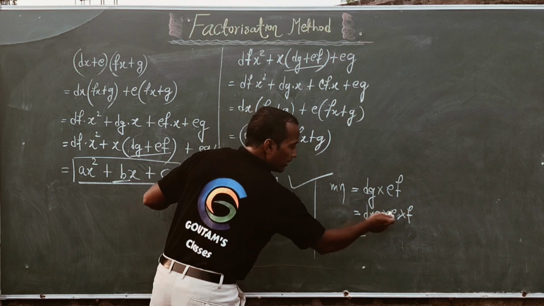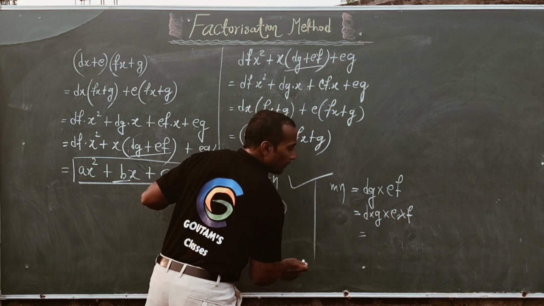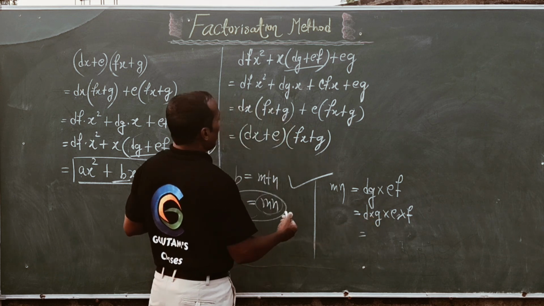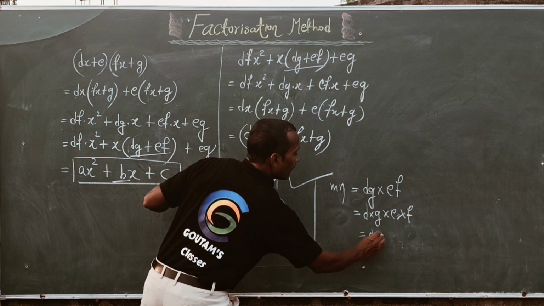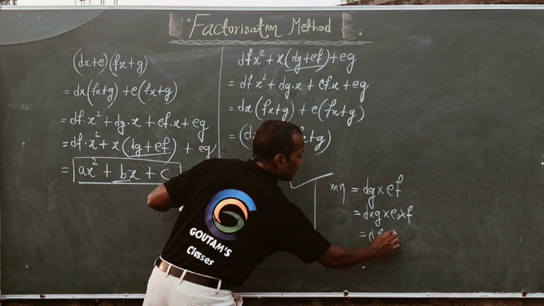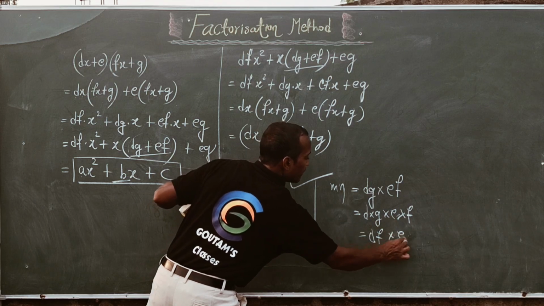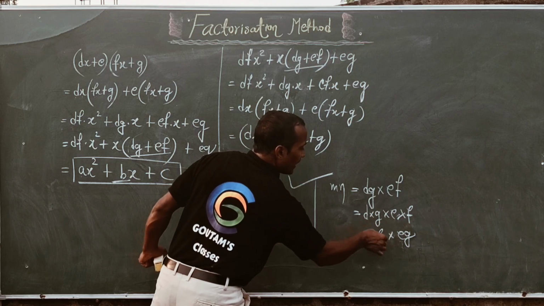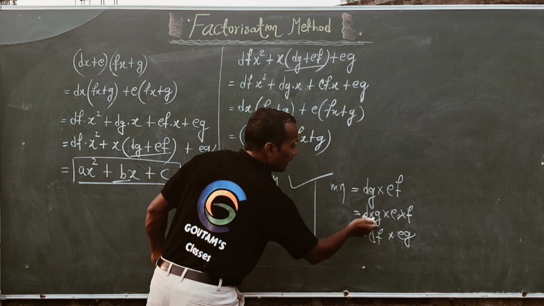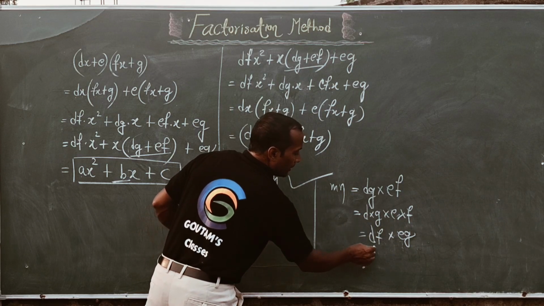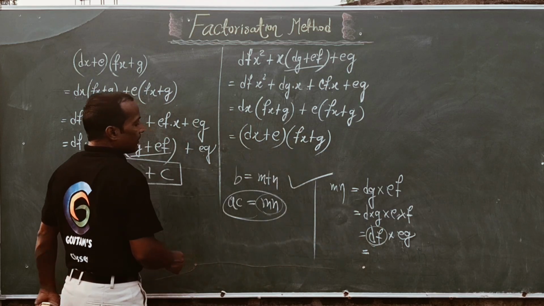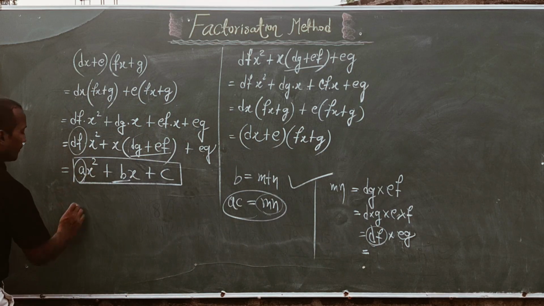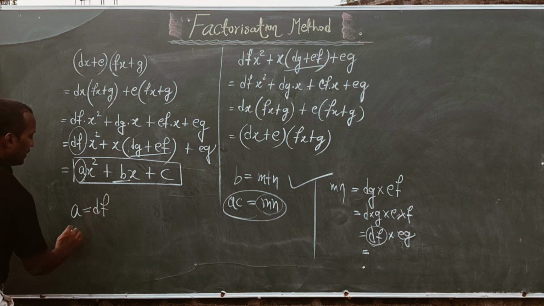Now, if I interchange between these factors, let me write d with f, and let me write e with g. I interchange the factors. You can see that what is df? Compare. A is df.